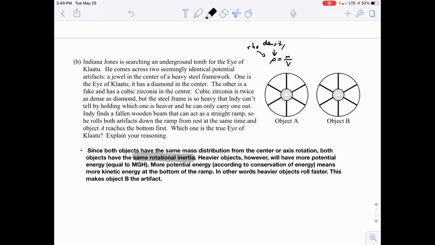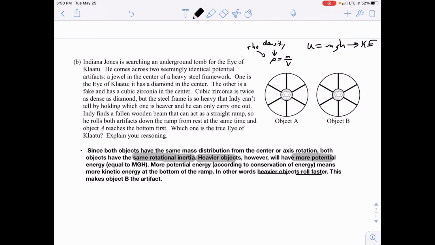However, heavier objects will have more potential energy. Potential energy, after all, equals mgh. More mass, more potential energy. More potential energy means more kinetic energy at the bottom, because this translates into this when falling down a ramp. In other words, heavier objects will roll faster at the bottom of the ramp.